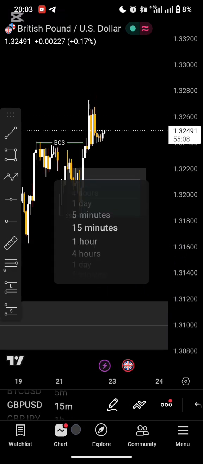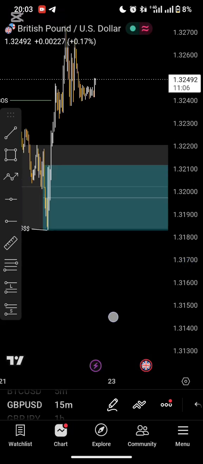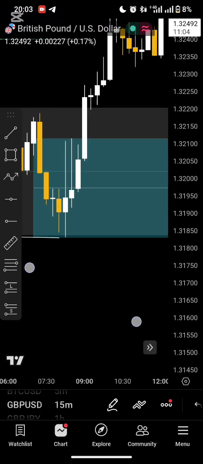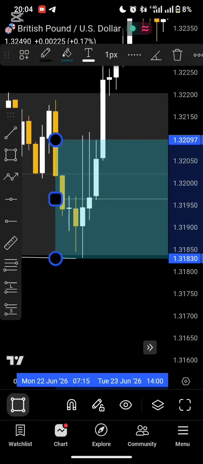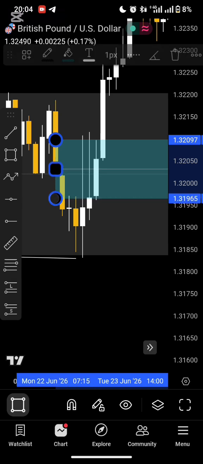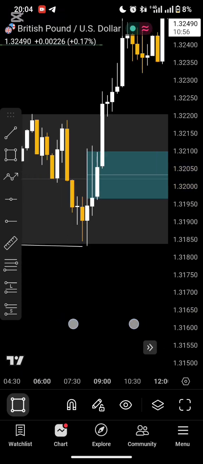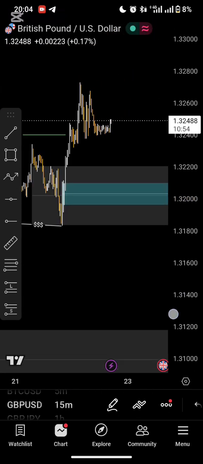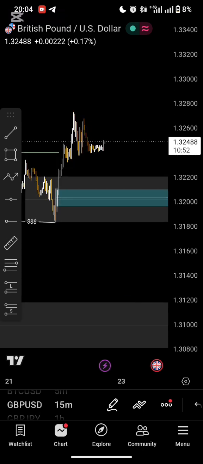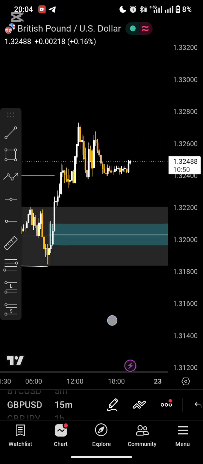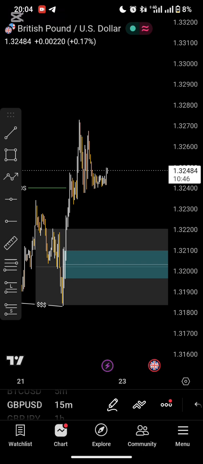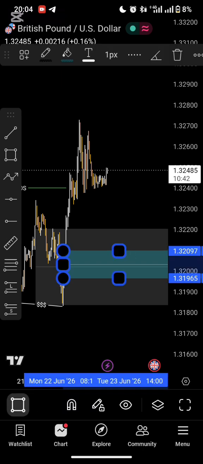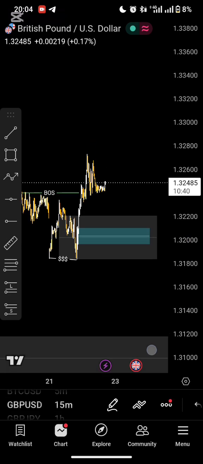Okay, let me go straight into the 50 minutes and see if I can refine it a bit more. The 50 minutes is giving me this order block to work with. From what I'm seeing here, it's possible price might have one more push to the upside, from where it is now to this place, before coming into our order block, or it might just fall into the order block.